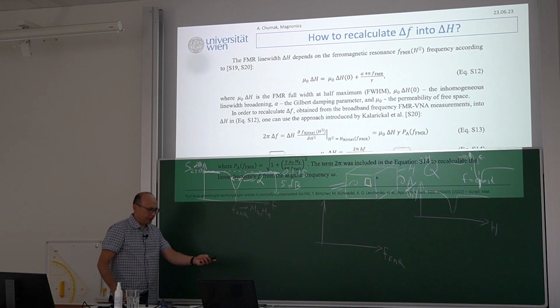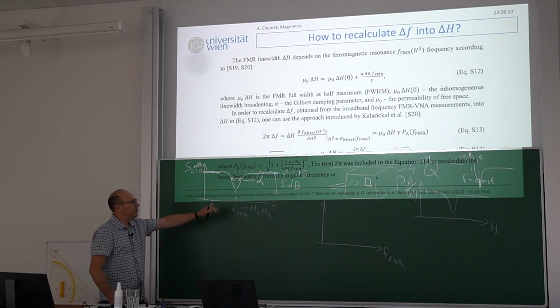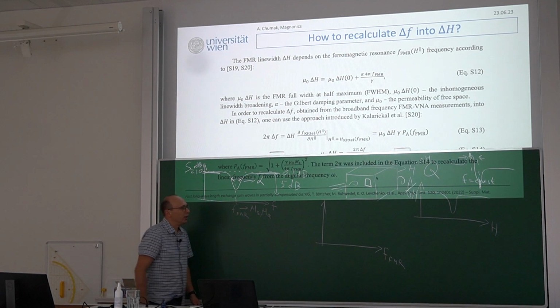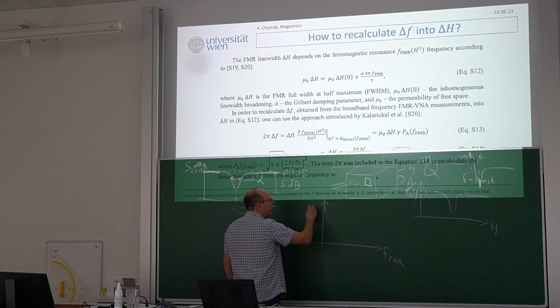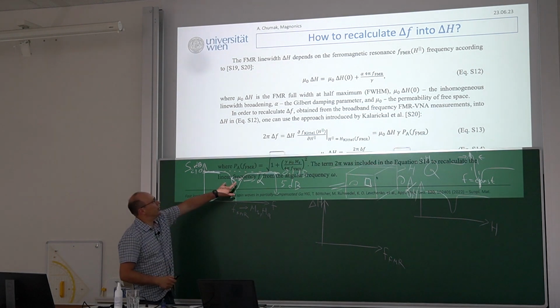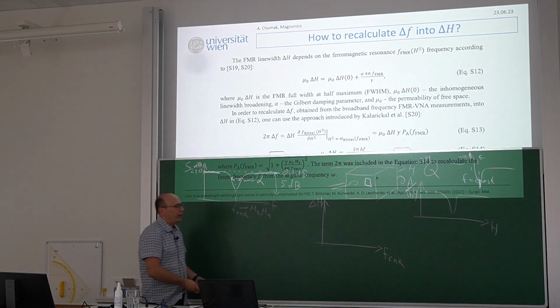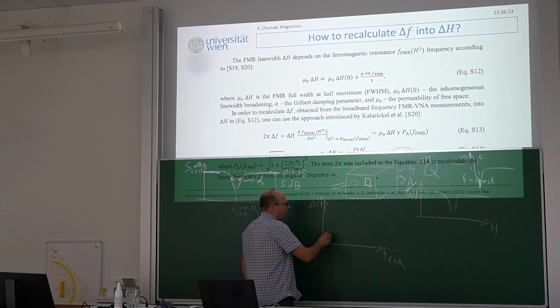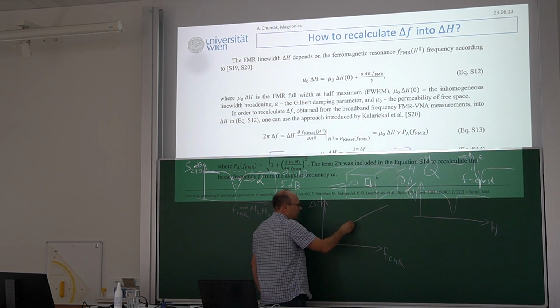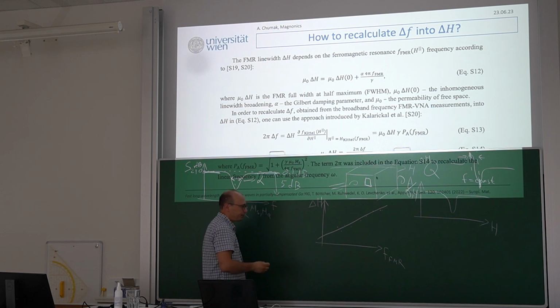It's not applied frequency, yeah? It's frequency which you already subtracted from your measurements, ferromagnetic resonance frequency. And on the y-axis you put delta H. It's the width of your peak. And then according to this formula, there will always be some error bars, but you will be able to fit it with a line.